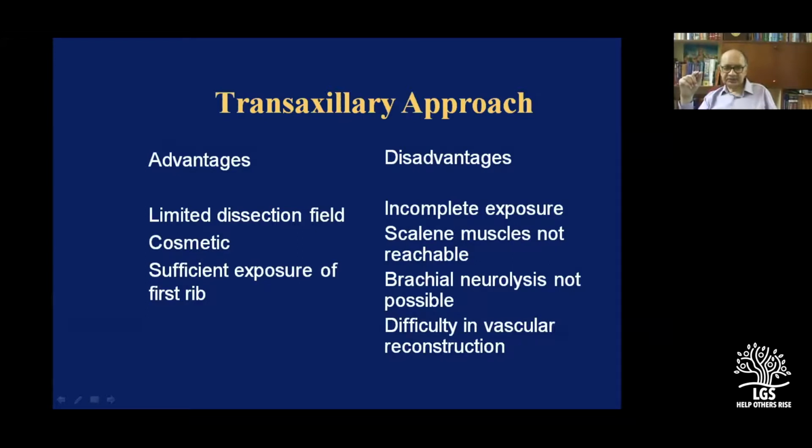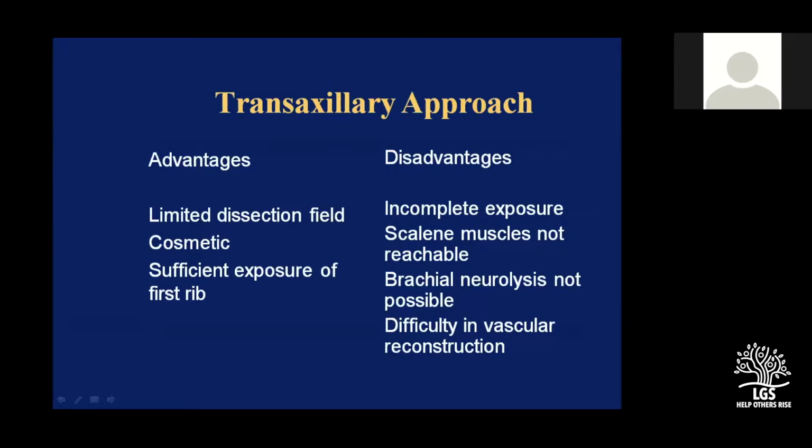You get sufficient exposure of the first rib. As I told you in the beginning, as you run your finger, the first rib will be sharp. The second rib is flat, the third is flat, so the sharp one is identified as the first rib.